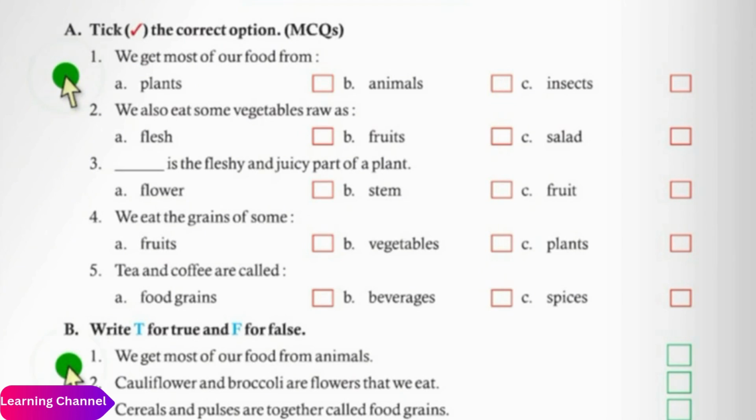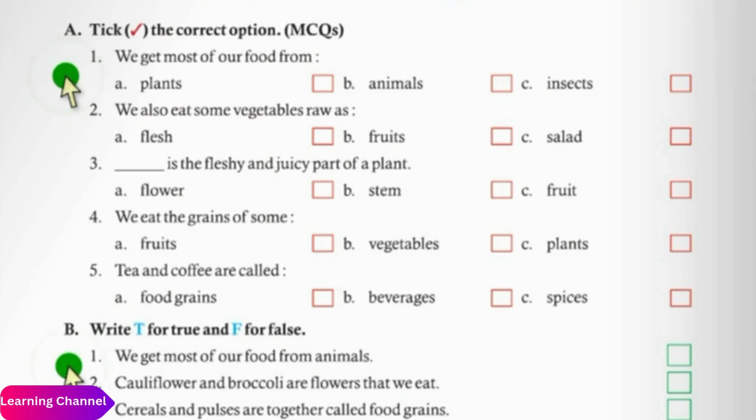2. We also eat some vegetables raw as A. Flesh, B. Fruit, C. Salad. The answer is C. Salad. We also eat some vegetables raw as salad. 3.